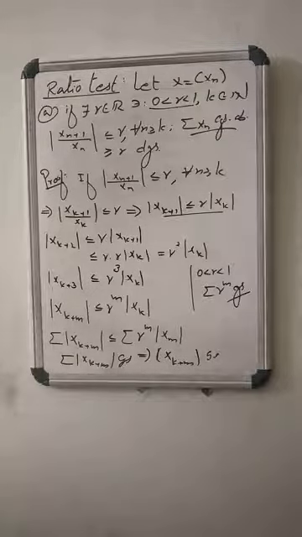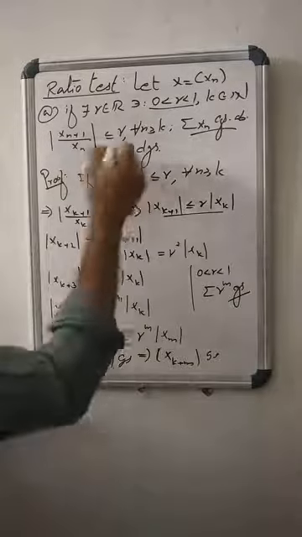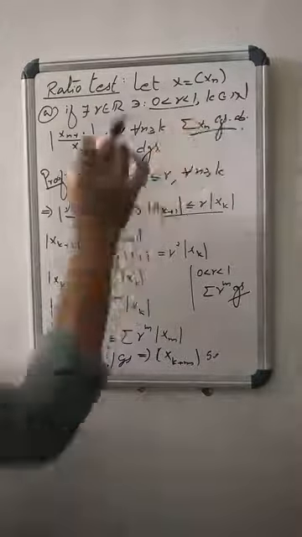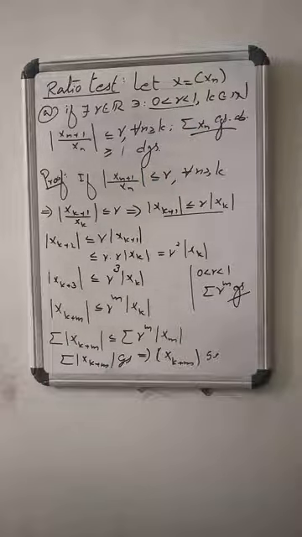Agree? So that is the ratio test. If modulus of xn+1 by xn is less than or equals r, where r lies between 0 and 1, then sigma xn converges absolutely.